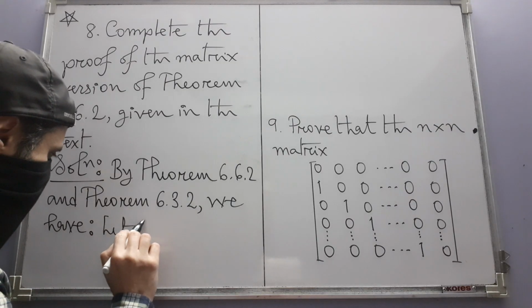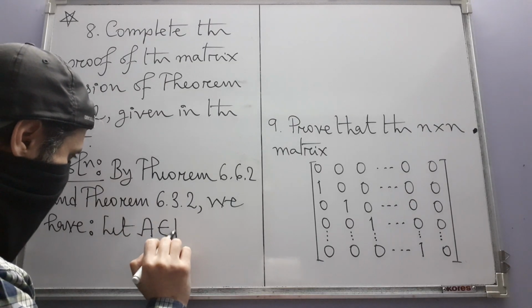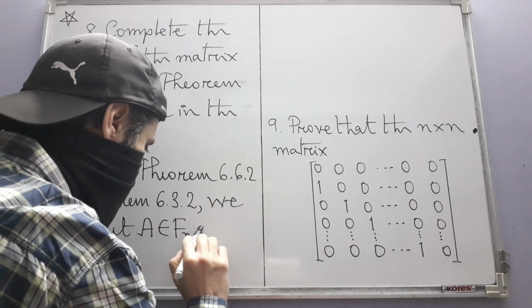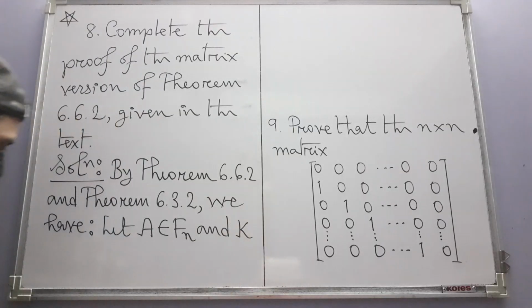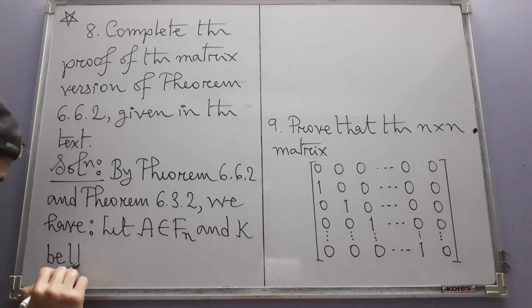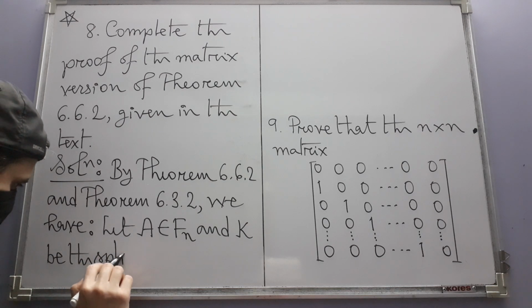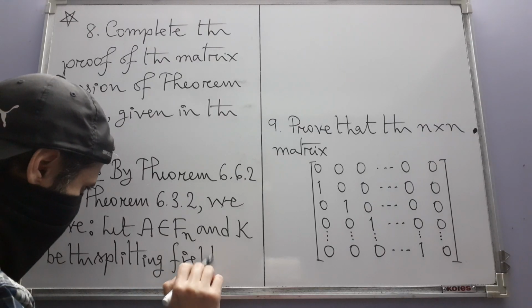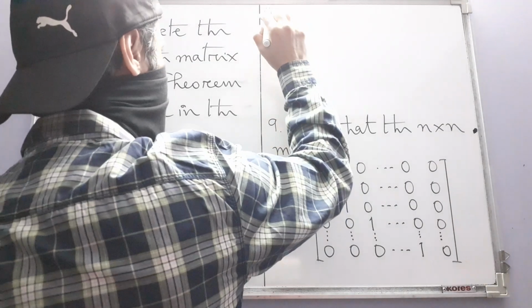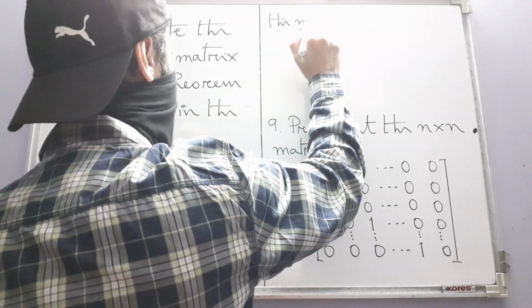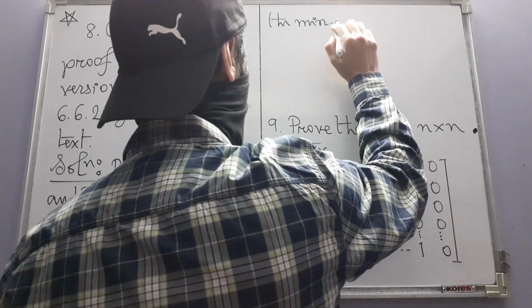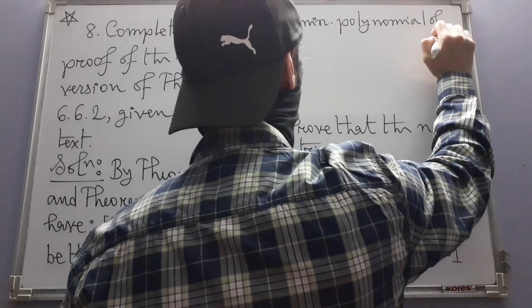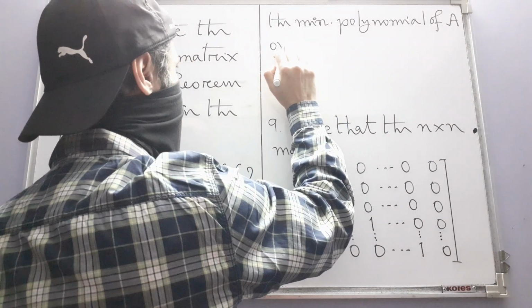Let A be any n by n matrix and K be the splitting field of the minimal polynomial of A over F.